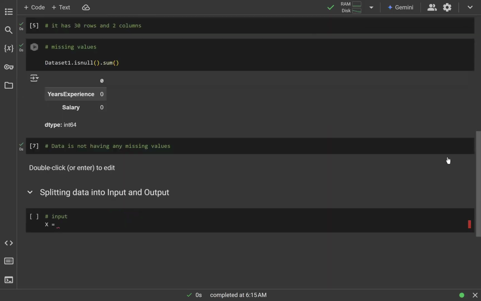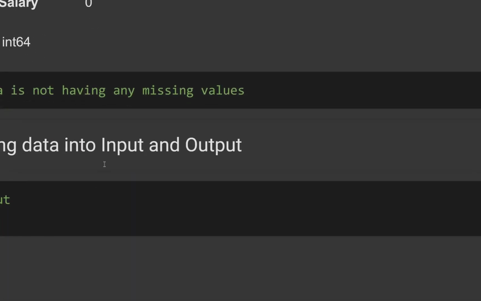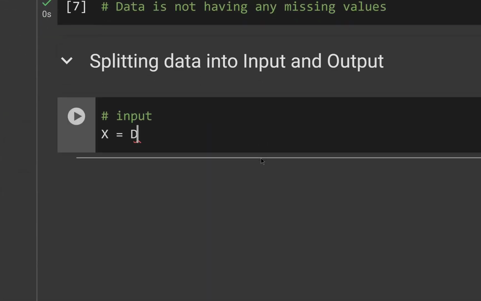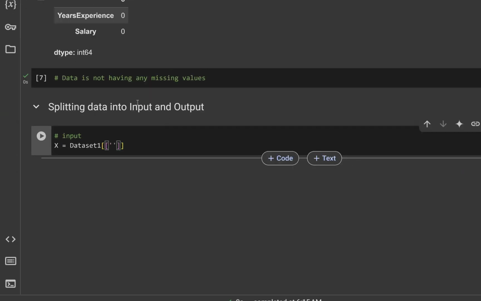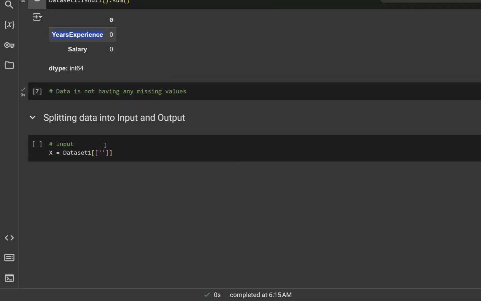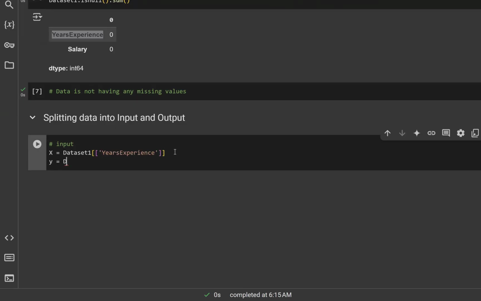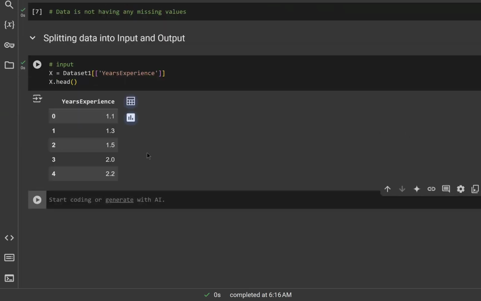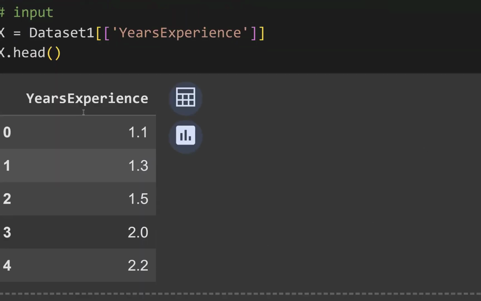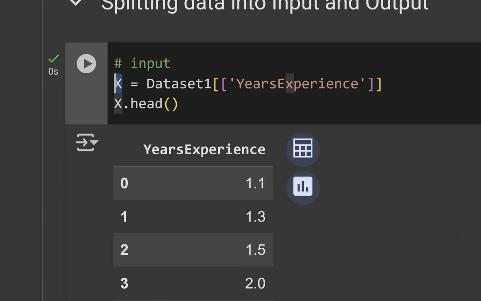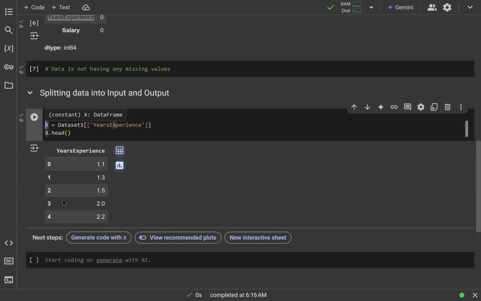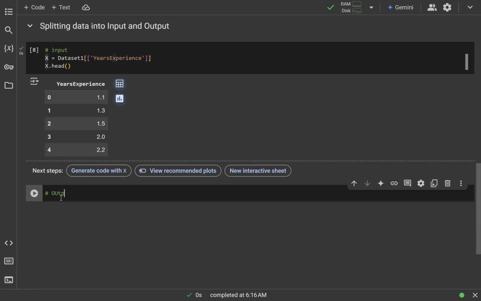From the dataset, I'll take years of experience as the input column, and I got the input column in the variable capital X. Now let's talk about the output column.